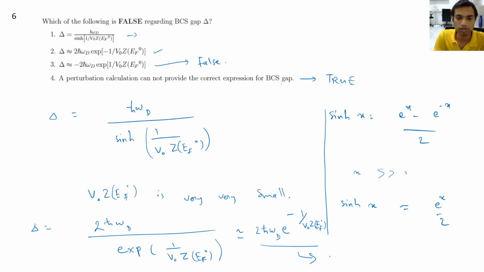You first take the BCS wave function, calculate the average energy from there, and you have to consider the coupling of phonons and the electrons to get the Cooper pairs. So the formalism is not a perturbation calculation. That is the important point here.